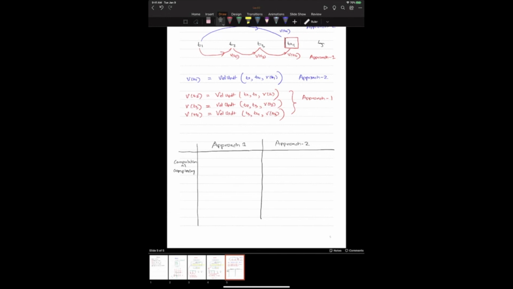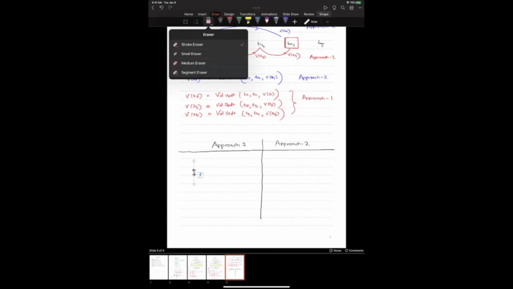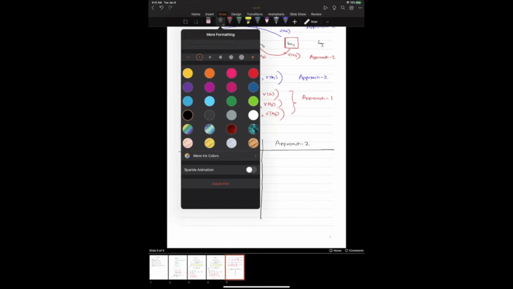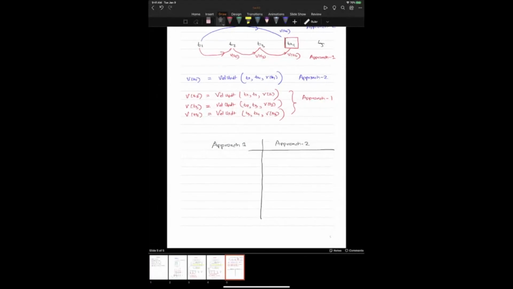So rather than computational complexity, let me call it coding complexity. Approach one is higher, approach two is less.